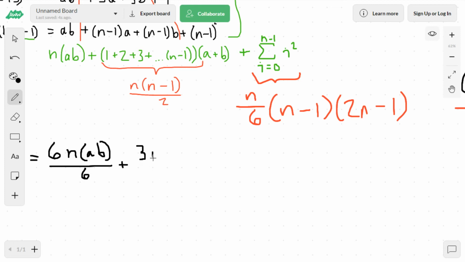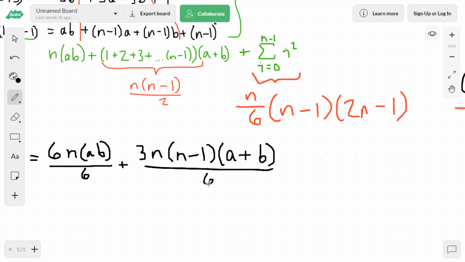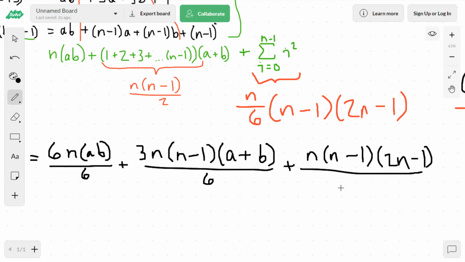So we'll say 3 times n minus 1 times a plus b. And that's all divided by 6. And then, of course, this part over here where we have n times n minus 1 times 2n minus 1. And all of that was already being divided by 6. So no major modifications to be done there.